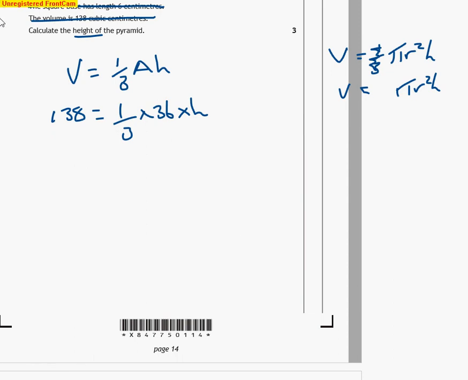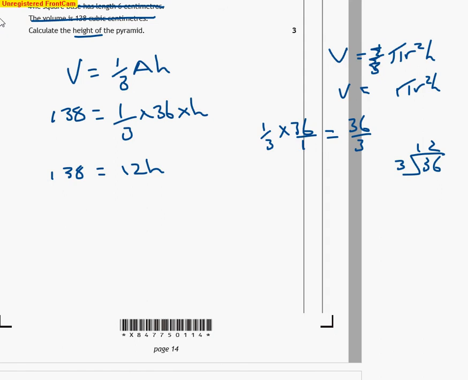So 36 divided by 3. I think I would do that. So 138 is equal to 12h, because 1/3 times 36 is the same as 36 divided by 3. Okay, so 138 is 12h.